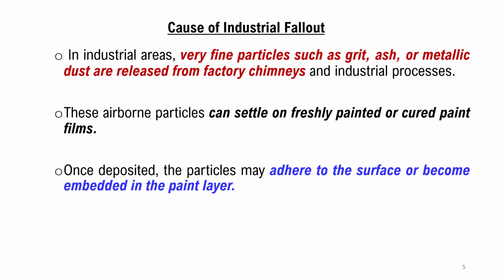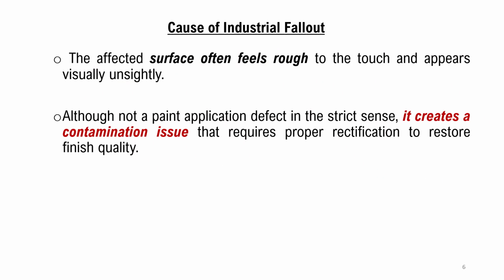Once deposited, the particles may adhere to the surface or become embedded in the painted layer. The affected areas then feel rough to the touch and appear visually unsightly. Although not a paint application defect in the strict sense, it creates a contamination issue, and that requires proper rectification to restore paint finish quality.